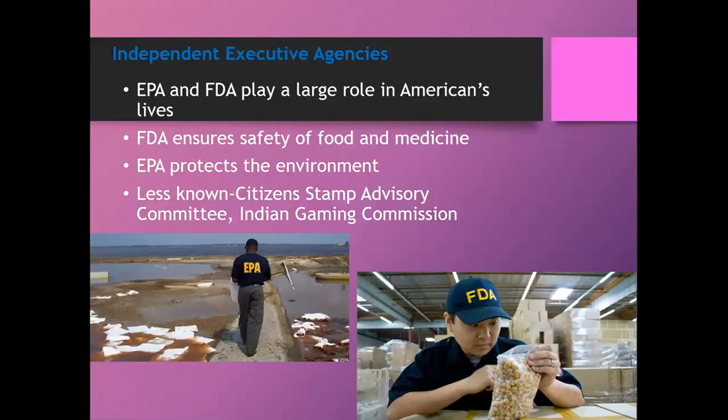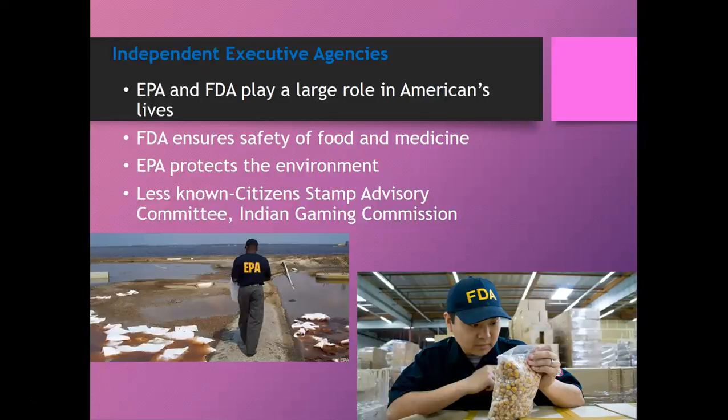The EPA protects the environment. The idea behind it was created in the 1970s with some of the issues like Love Canal. This small town ended up with some major pollution in their water source, and their children became so sick, and they couldn't figure out what was wrong, and it ended up that a corporation was dumping chemicals into their water source.